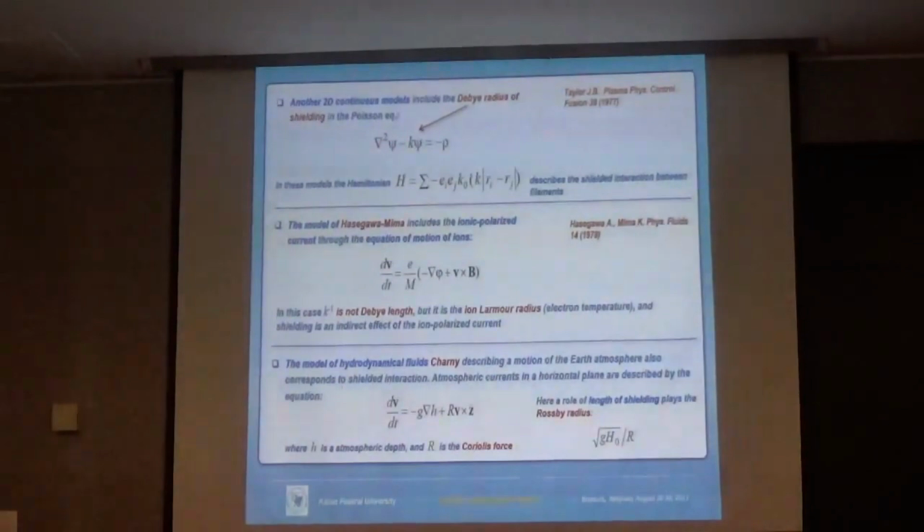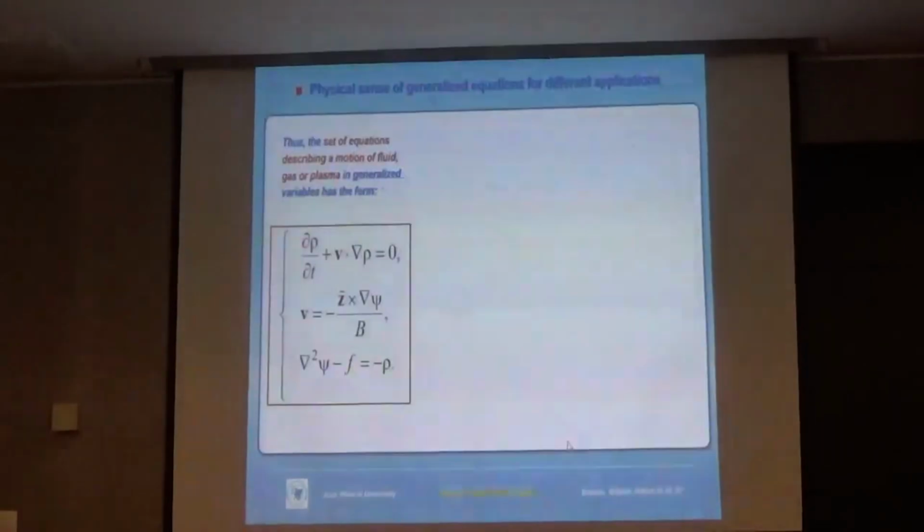Atmospheric currents in a horizontal plane are described by this equation, where h is the atmospheric depth and f is the Coriolis force. Here, the role of the length of shielding is played by the Rossby radius. Thus, the set of equations describing the motion of fluid, gas, or plasma in generalized variables has the following form.